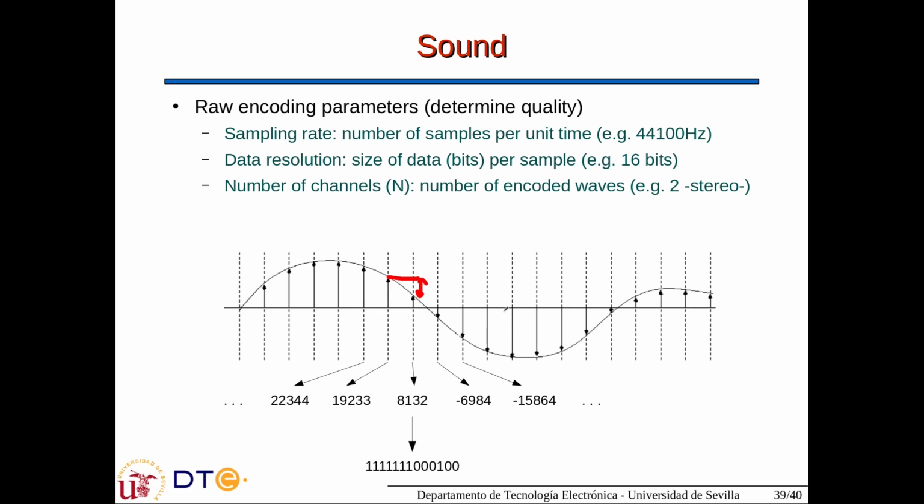So one of the most basic compression techniques is not to store the whole samples, but to store only the variations. We may use 16 bits to store a complete sample, but because variations are typically smaller, we can use only 8 bits, for example, to store these differences. So our sequence, instead of being a sequence of 16 bits, 16 bits, 16 bits, 16 bits, I can store one full sample and then just the variations, using fewer bits.